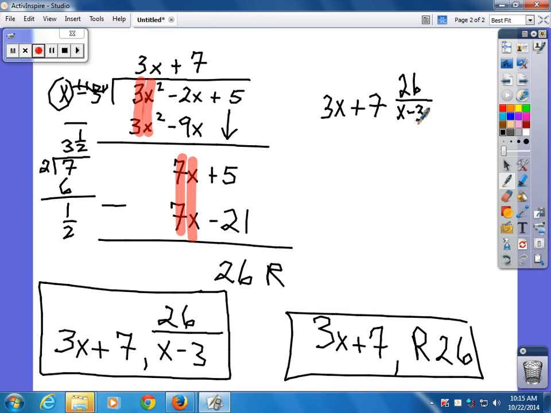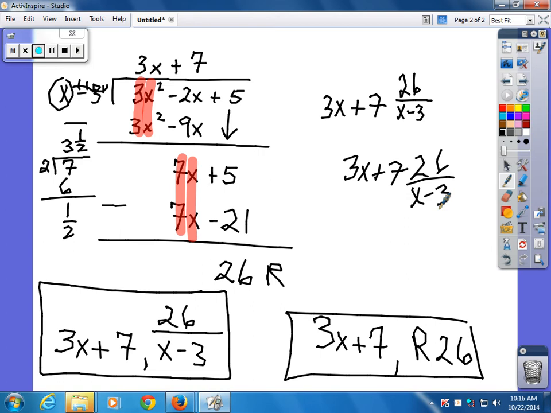See how this can look like it's part of it, it can look funky. That's why people do this. Because you're hurried up on a test, 3x plus 7, 26 over x minus 3, you see how it can be messed up.